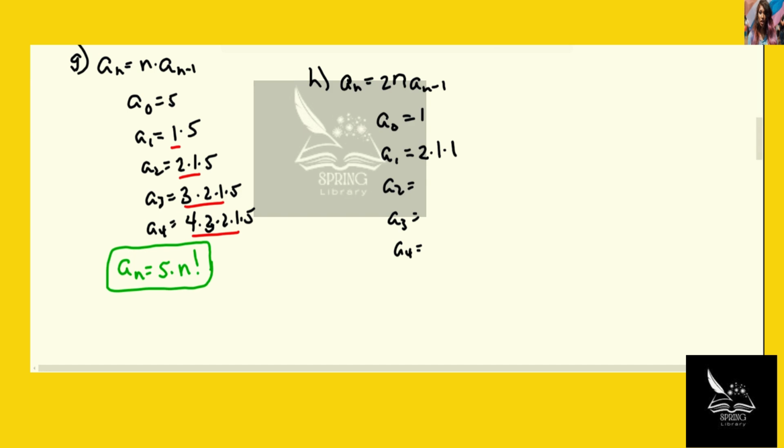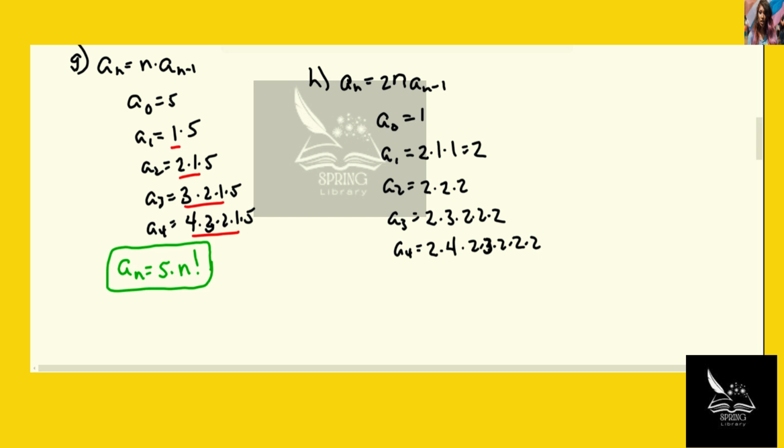And all those ones in there, I'm just going to simplify that to 2. A sub 2 is 2 times n times my prior. A sub 3, 2 times n times my prior. A sub 4, 2 times n times my prior. Make sure you can read that.